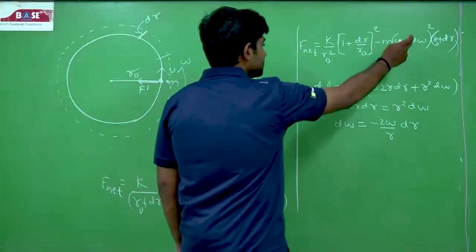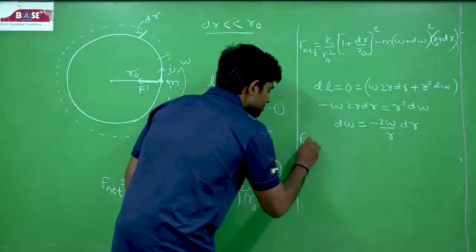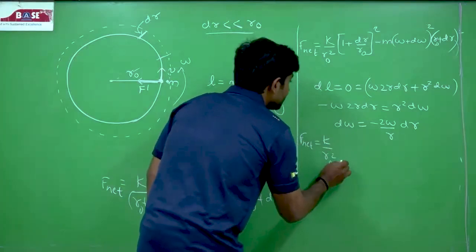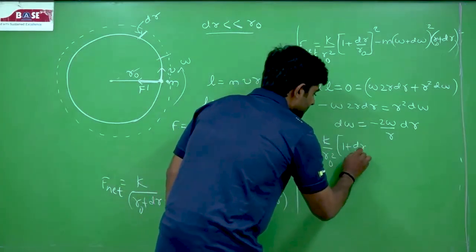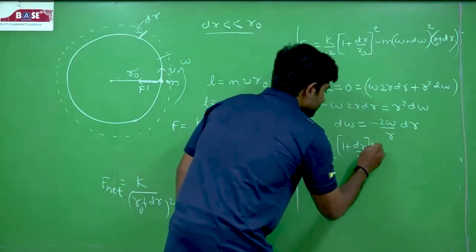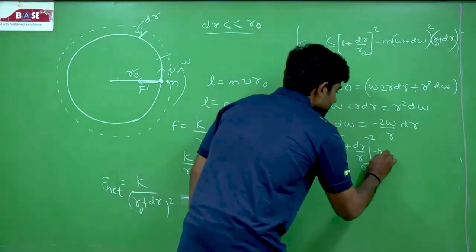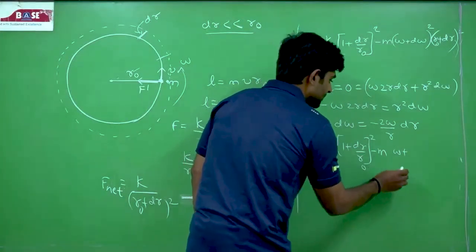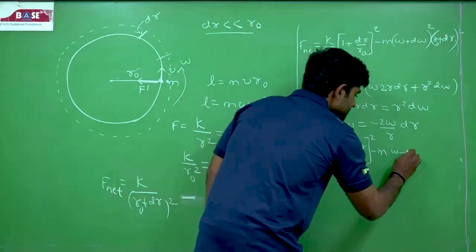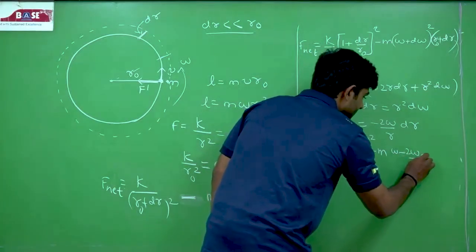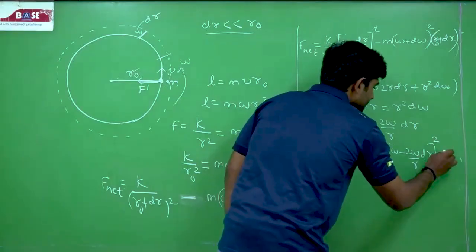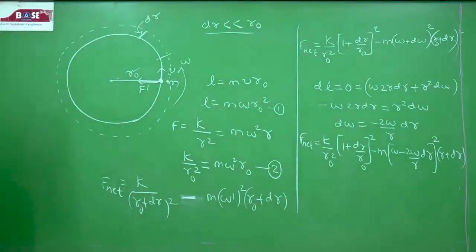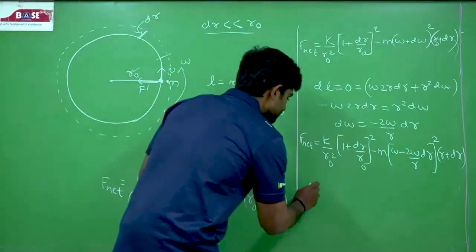Let's plug this information in and check what happens to our expression. Here k by r naught squared times 1 plus dr by r whole power 2, minus m omega plus, in place of d omega, I'll write omega minus 2 omega by r dr, the whole square, into r plus dr. Please check this once. After this, a little simplification again.